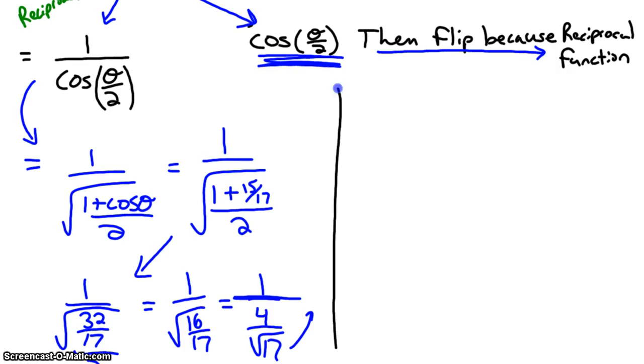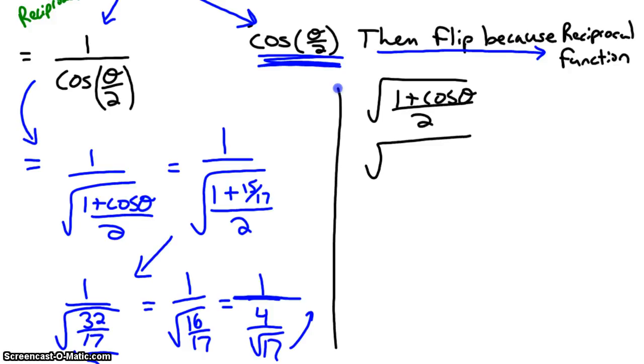Just as a note, I could have solved, as I said, for the cosine in the numerator and remembered to flip my solution at the end. If you hang with me real quick, we will see that we get 1 plus 15 over 17 all over 2, leaving me with a radical of 32 17ths over 2.